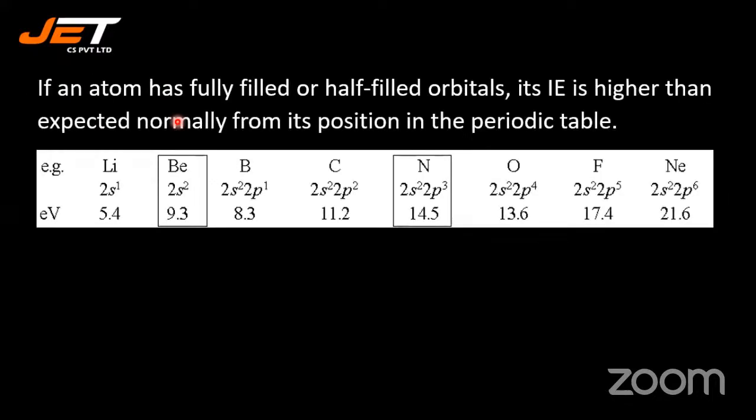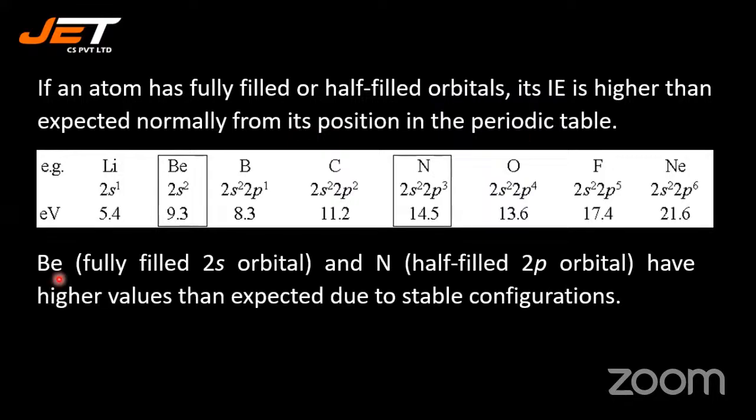So if an atom has fully filled or half-filled orbitals, its ionization energy is higher than expected normally from its position in the periodic table. Beryllium with fully filled 2s orbital and N with half-filled 2p orbitals have higher values than expected due to stable configuration.